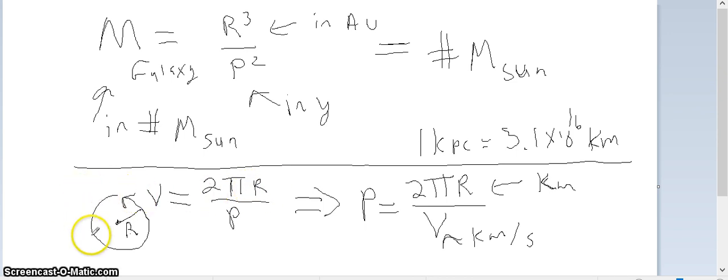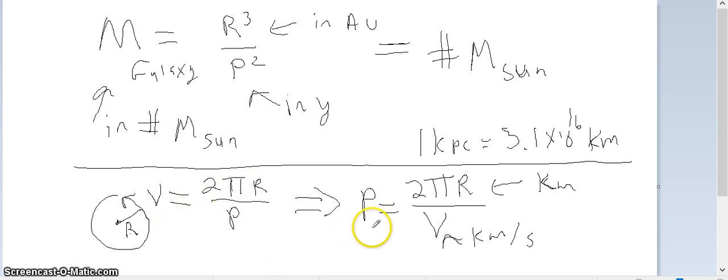That's the circumference, the distance that the object, in this case a star, is traveling, divided by the period, the time it takes to complete one cycle, one revolution around the center of the galaxy. So you just rearrange this equation, and basically the p and the v switch places.